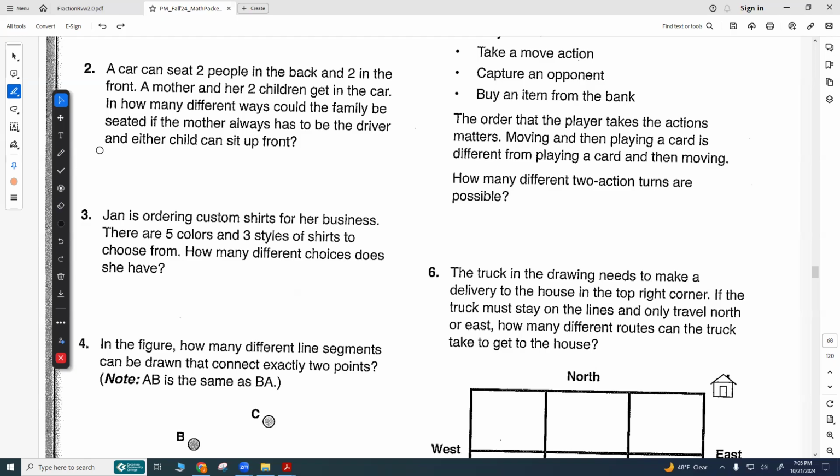All right, a car can seat 2 people in the back and 2 people in the front. A mother and her 2 children get in the car. How many different ways could the family be seated if the mother always has to be the driver? Hello. And you said 6?